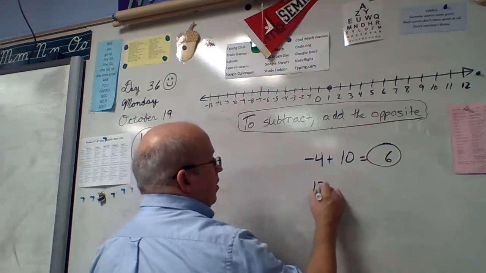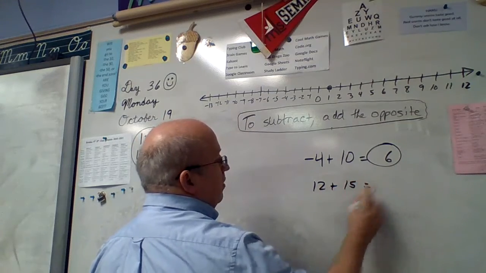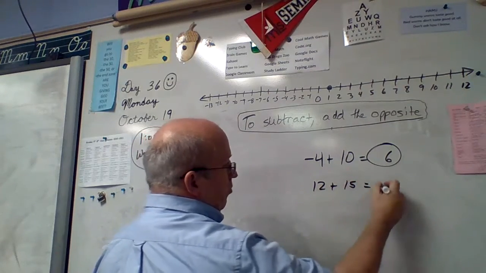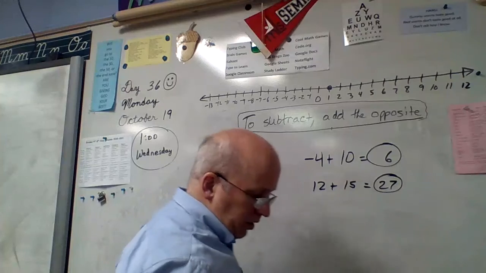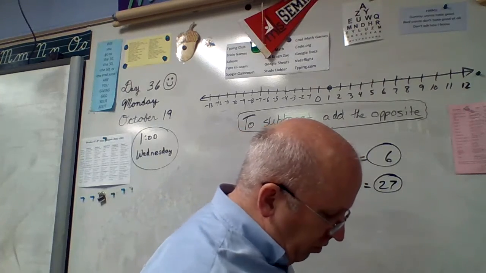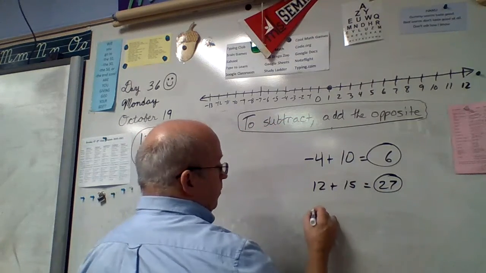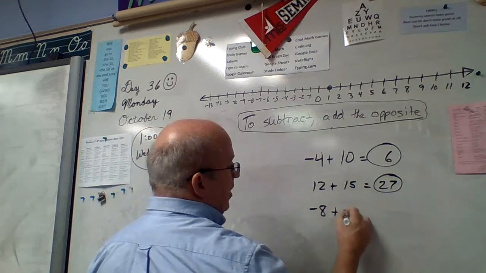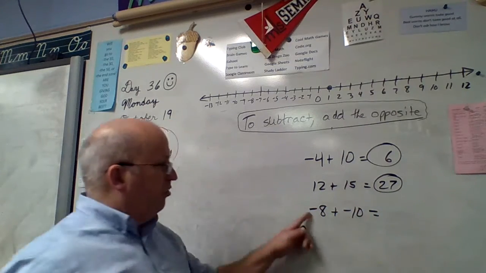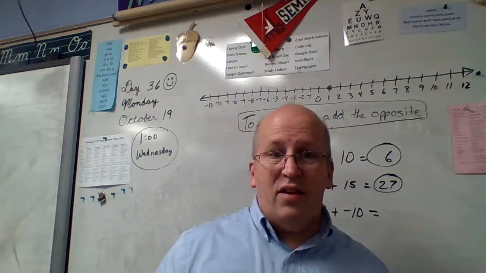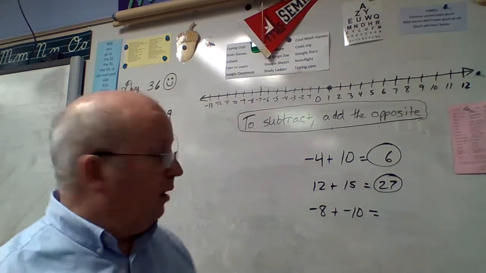Okay, let's try one like number 2. Oh, that's easy. 12 plus 15. They're just positive numbers, so we add them together and we get 27. How about something like number 3? -8 plus a -10. Those are 2 negative numbers. So that's that second blue rule.